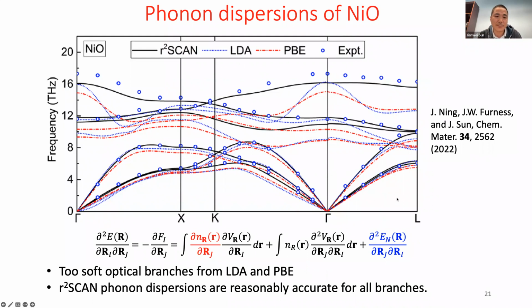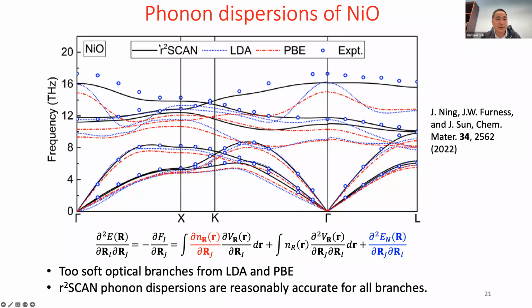What I mean is that LDA usually gives you too small lattice constants, and then this term is overestimated. But LDA is usually too soft for the electron density, and the response is too large. Because this sign is negative and this blue term sign is positive, there will be error cancellation.